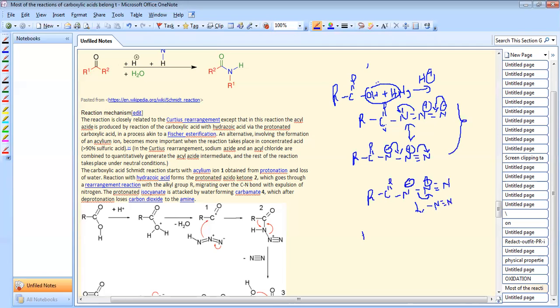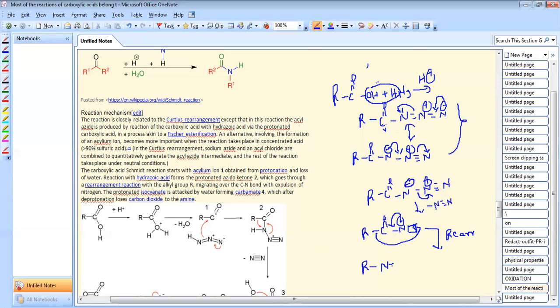Thereby we get RC double bond O N minus, and it lost 1 electron, so here I am showing a vacant orbital. So this is known as an electrophile, an electron deficient species. Now this electron deficient species undergoes rearrangement. This bond shifts here, then this bond shifts here. So this is known as the rearrangement reaction. Then this R will attach to the nitrogen.